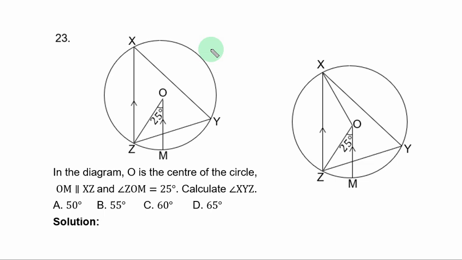Question 23. In the diagram, O is the center of the circle. OM is parallel SZ and angle ZOM is equal to 25 degrees. Calculate angle SYZ.